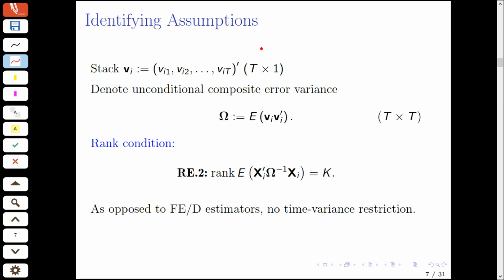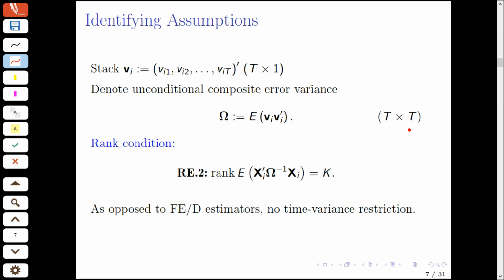Under the first random effects assumption, the composite errors have zero mean, and so this vector is a zero mean vector. Hence, if we take the expectation of its outer product, which is what will appear down here, we get its variance. For notational simplicity, let's denote this composite error variance by omega. Note here that omega is then a T by T matrix.